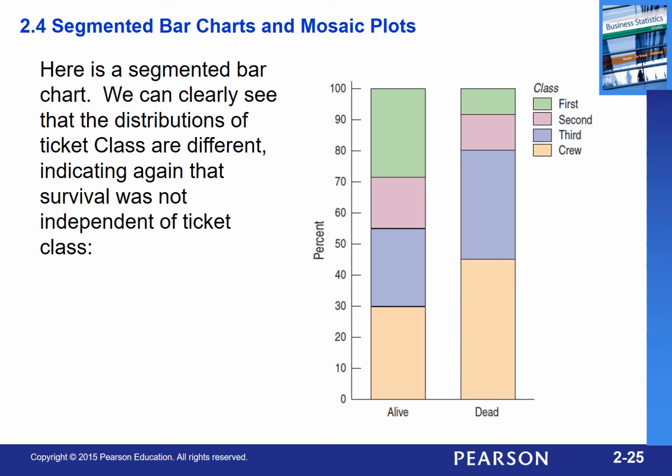It appears that a far greater number of third class and crew individuals died, whereas these are almost similar in width, in percentage for alive based on crew. So one thing that allows you to say is that, oh yes, alive and dead are very different. So it appears that class did have an effect on whether or not somebody lived or died. Sad but true.